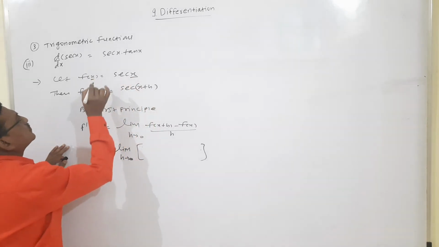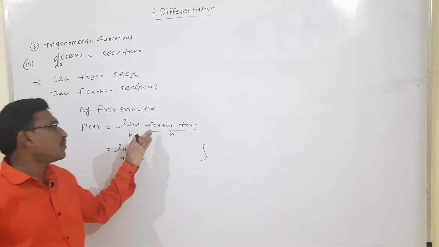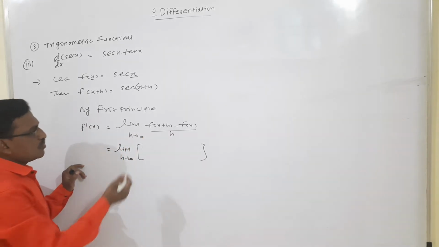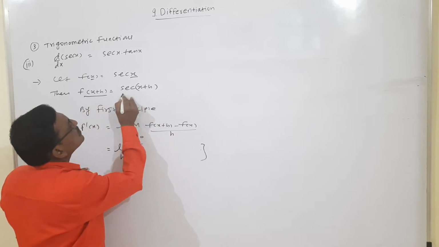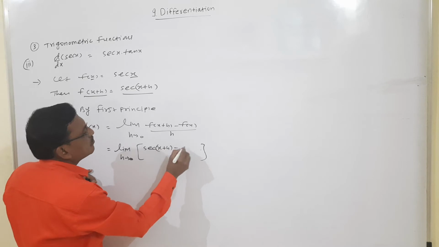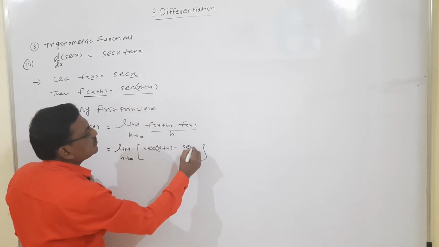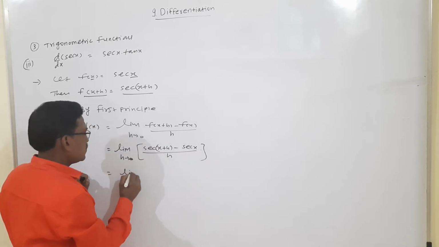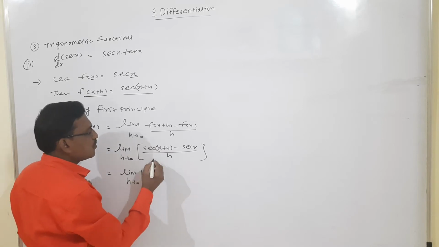Now by first principle, f dash x equals the limit of f of x plus h minus f of x upon h as h tends to 0. So put the value of the function: f of x plus h is sec of x plus h, minus f of x, which is sec x, whole divided by h. Here we know that sec is a reciprocal of cos.